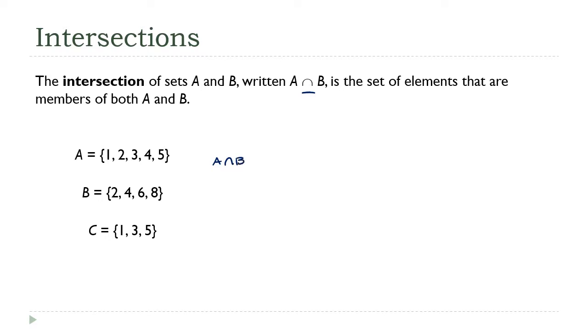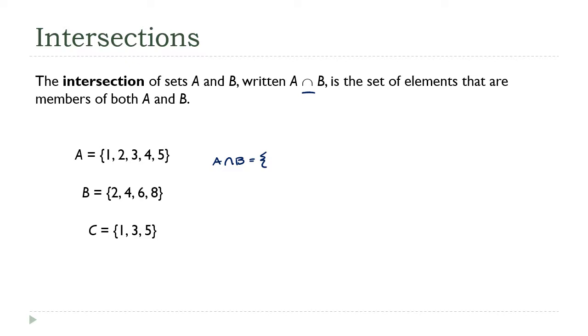Let's look at A intersection B. Okay, well, here's what I'm going to do. I'm going to go to the set B because you can do this either way, but B is the smaller one. If you base this off the smaller one, it's a little less work. I'm going to go through every element of B one at a time and ask myself, is it in A? If it is, it goes on my list.